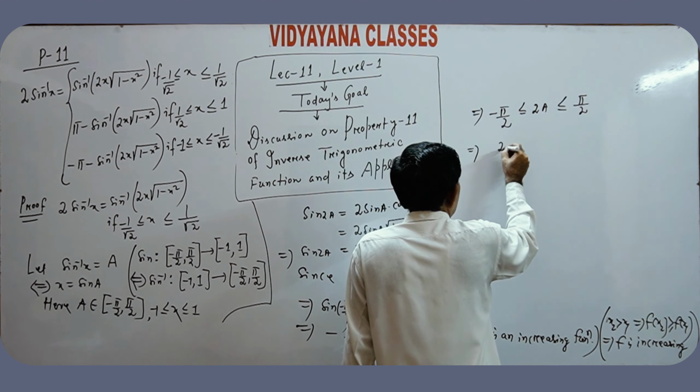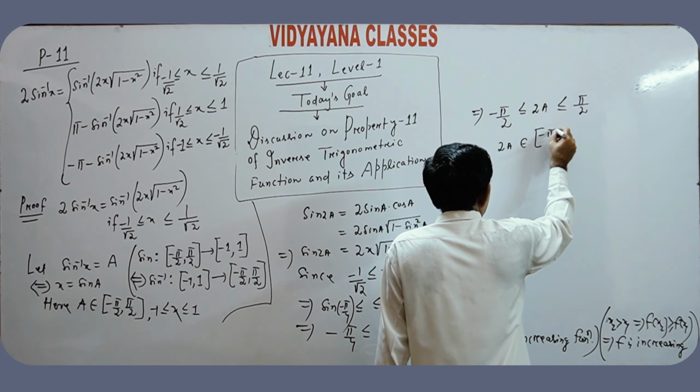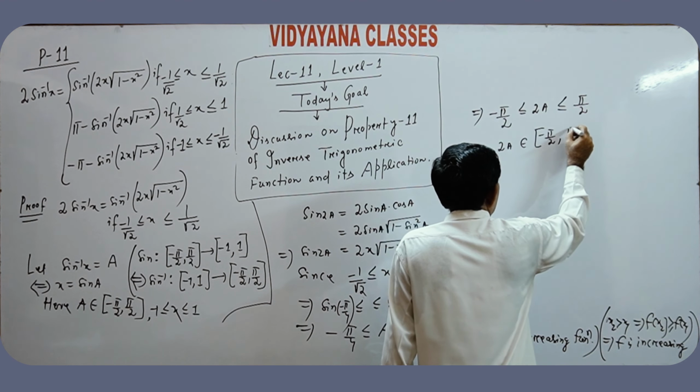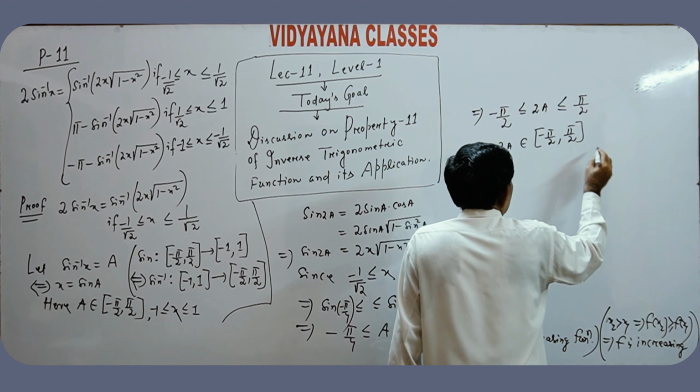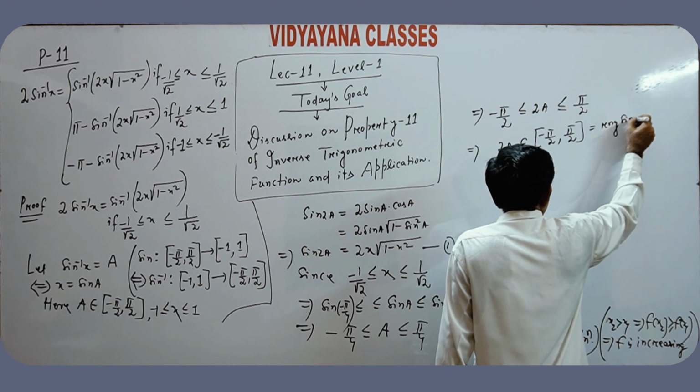So 2a belongs to the closed interval minus pi by 2 to plus pi by 2, which is equal to the range of sine inverse.